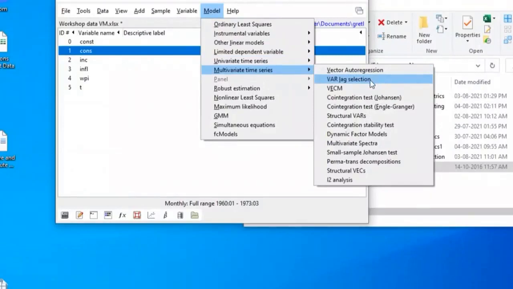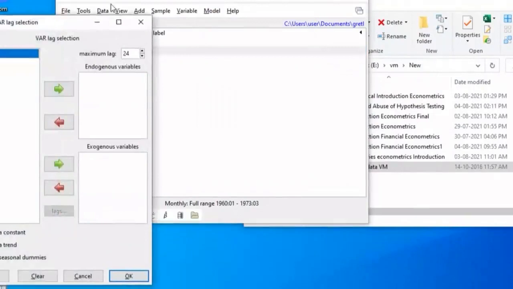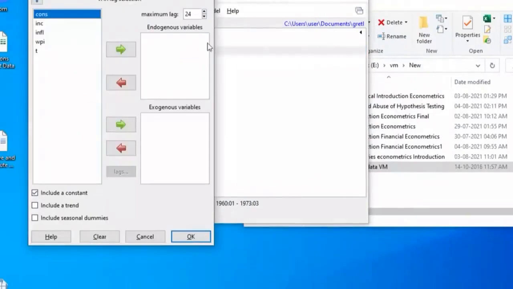So we click this one. The maximum lag already selected is 24. We can keep it as such. The three variables that we are considering are consumption, income, and inflation. We enter that. All the three are endogenous variables in the framework of a VAR model. That is the property of a VAR model. All the variables are endogenous variables.